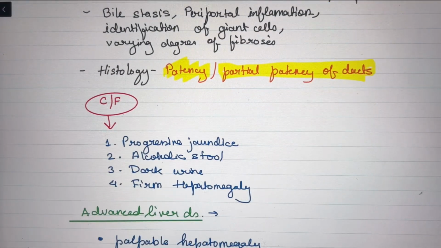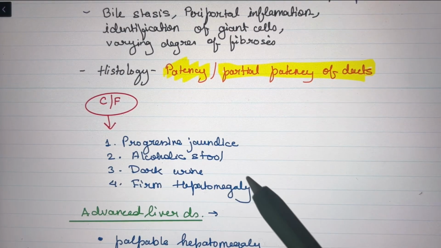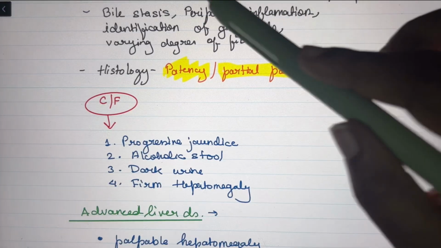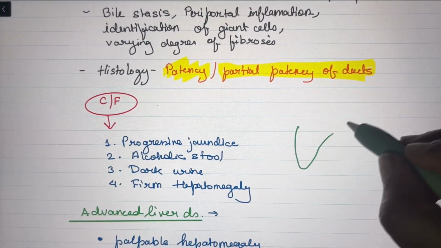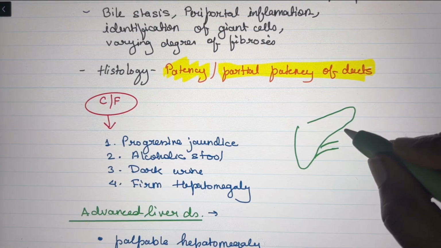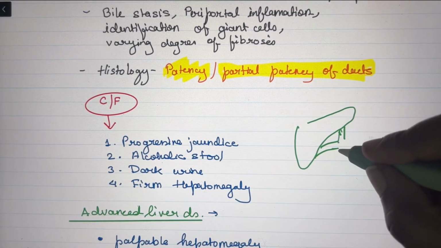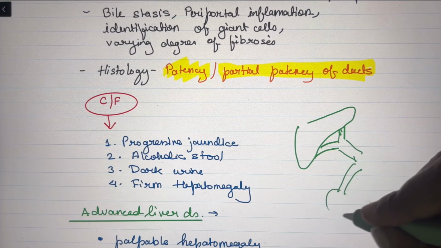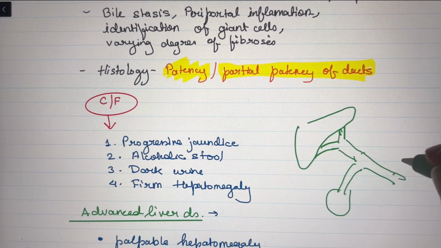Now, clinical features: there will be progressive jaundice, acholic stool, dark urine, and firm hepatomegaly. Why does this occur? Because we have the liver, after that we have the right and the left hepatic duct, then we have the common hepatic duct, then we have the common bile duct here.